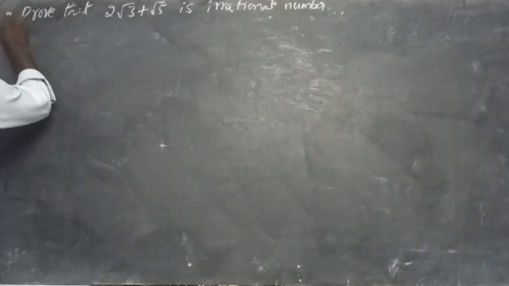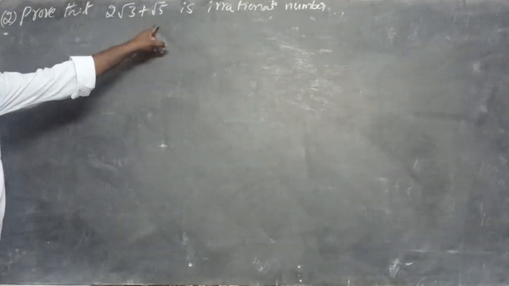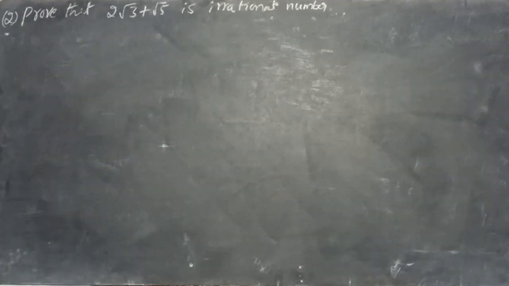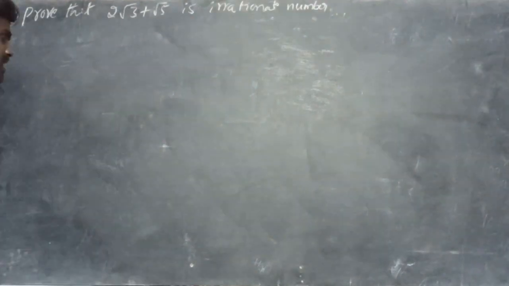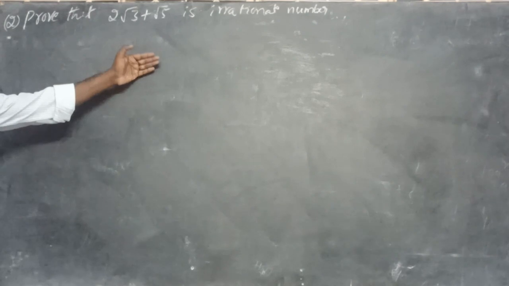Second question: prove that 2 root 3 plus root 5 is an irrational number. How can we prove it? By using the contradiction method. What is the contradiction method? First, let us take the statement as false.